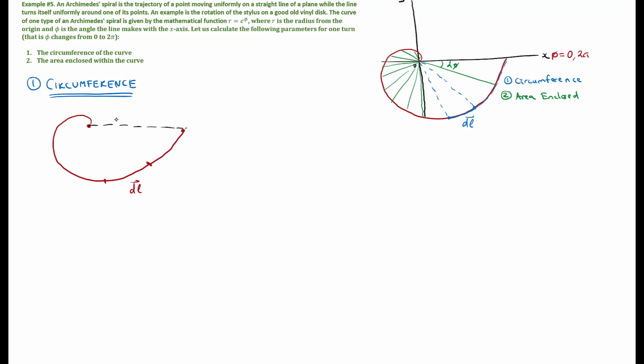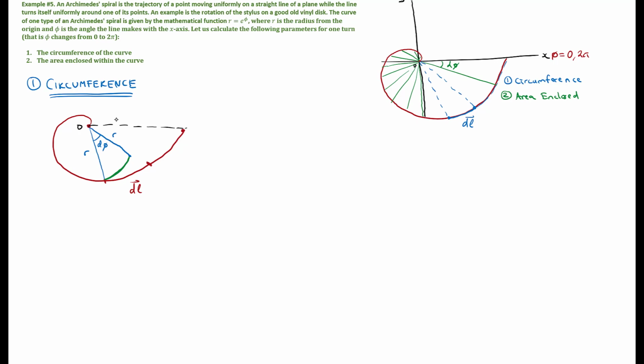So we have dL like this, and it means that I have a radius here, which gets spun around in a circle like this around the origin O. And this is also r, but we have d phi.